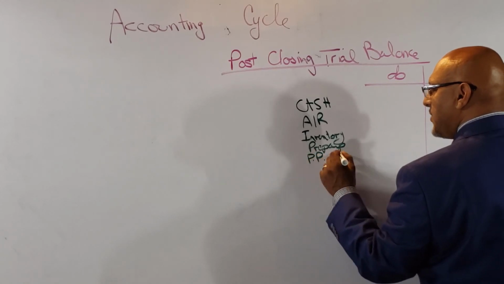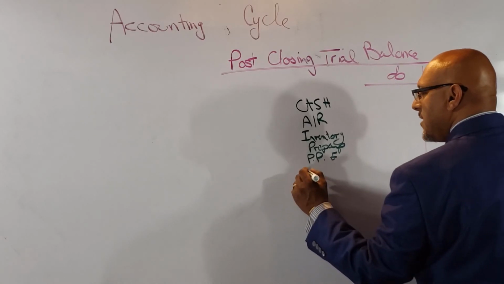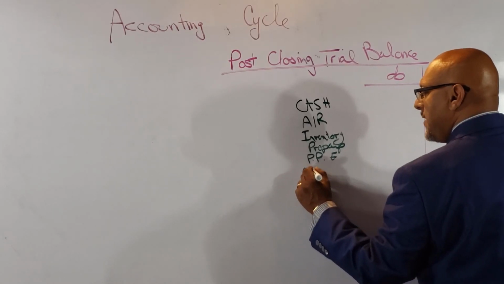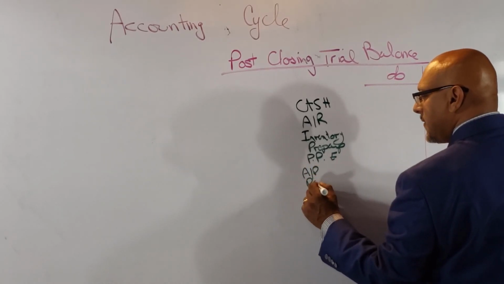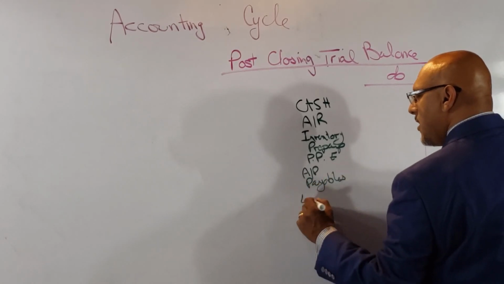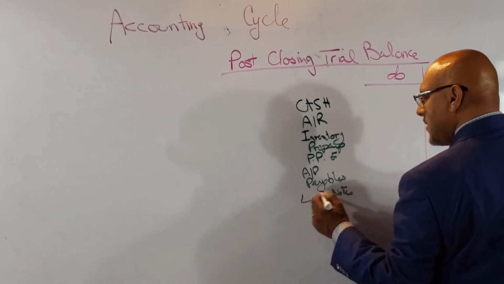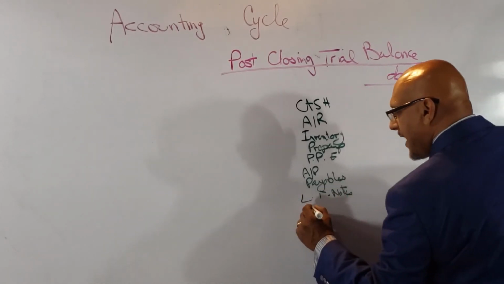PP&E, as I mentioned, is fixed assets. So your current assets, your fixed assets, your AP and other payables, your long-term notes or debt, and capital.